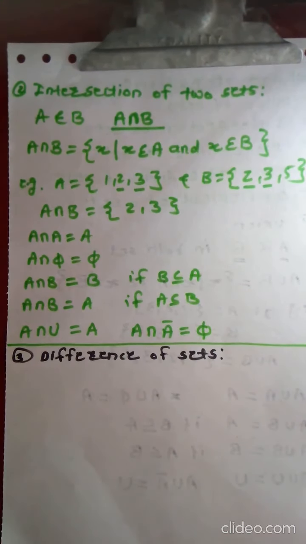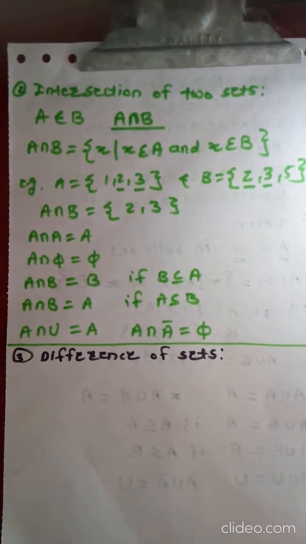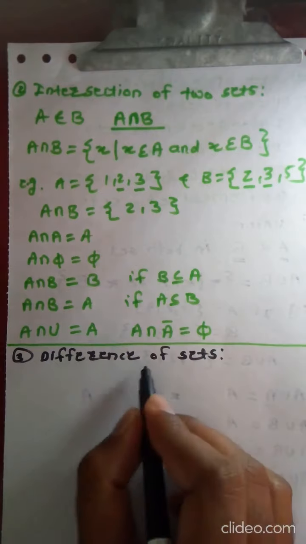So the next type is the difference of sets. The difference of two sets A and B is the set of all those elements of set A which are not in set B, right? Again, how can we define the difference of two sets?